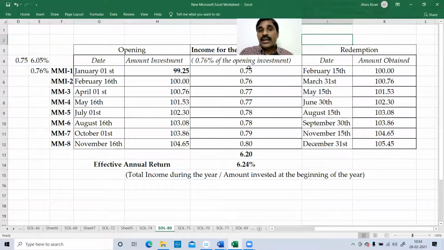In the second cycle, I'll get 0.76% or 0.75%, not on 99 but on 100. In the third cycle, I'll get the same 0.75%, not on 100 but on 100.76. That means my amount of investment is changing: the income in the first cycle is reinvested in the second cycle. That is the compound interest.